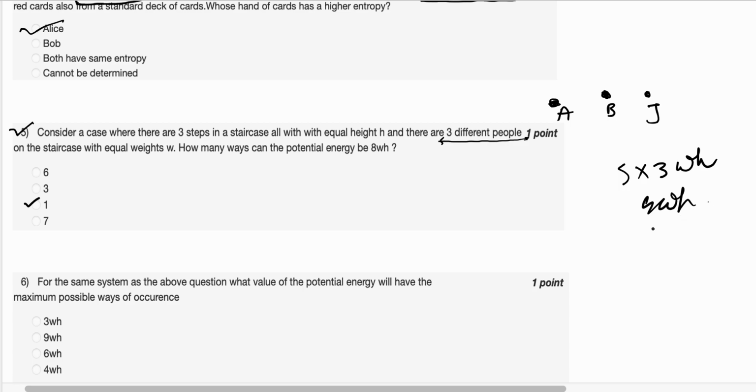So the maximum will be that, and the next one less is 8 omega h. And for 8 omega h, there is only one possible way one can get that potential energy.